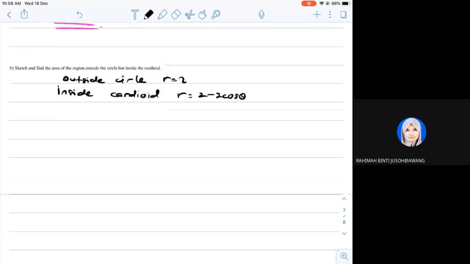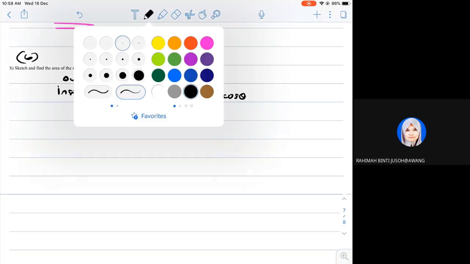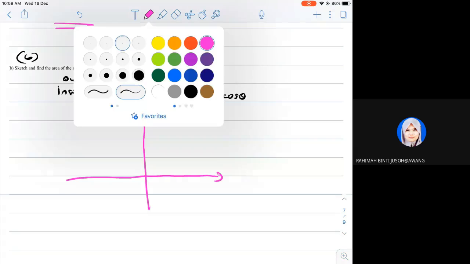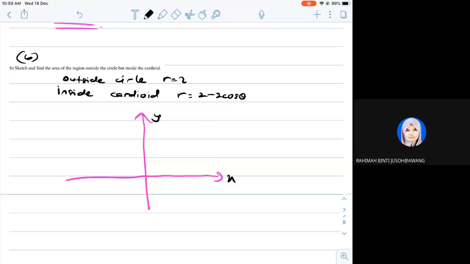Okay, so let us sketch the region. Question B ni. Kita nak shade region itu. X and Y. So here is 2, right here is -4.